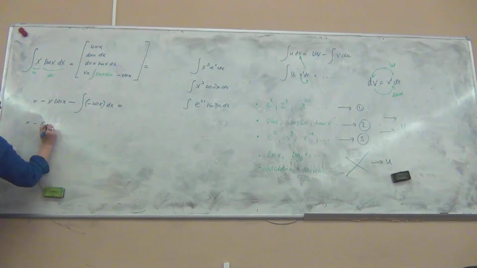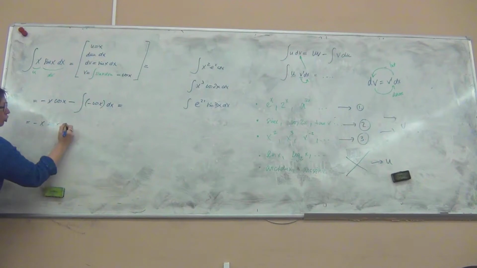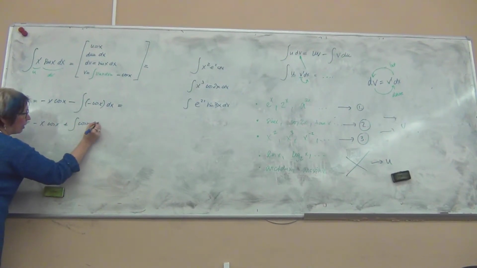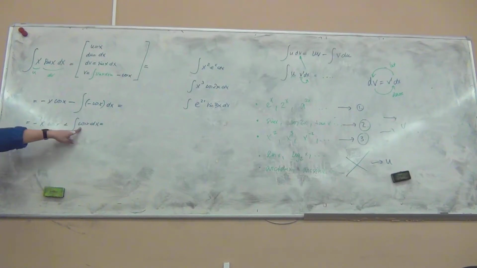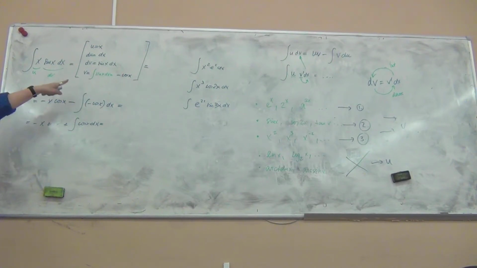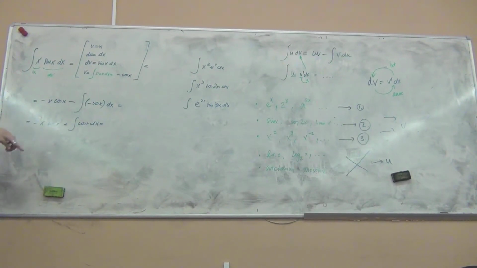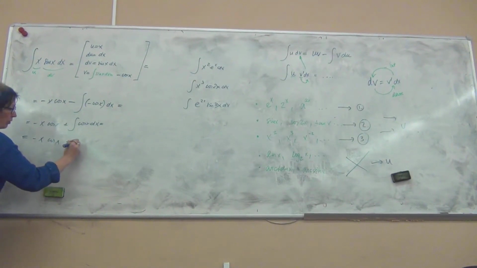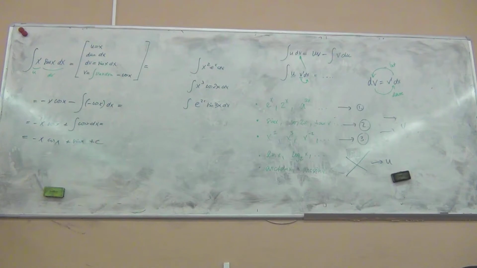Alright, so it's minus x cosine x minus minus, I can change it into plus the integral of cosine x dx, which is, no, just sine x. The derivative of cosine is minus sine, but the integral of cosine is sine. The integral of sine is minus cosine. So we have minus x cosine x plus sine x plus constant, and that's the answer. So this is why I call this method magic. The formula is really magical if you know what to do, if you know how to wave the magic wand.